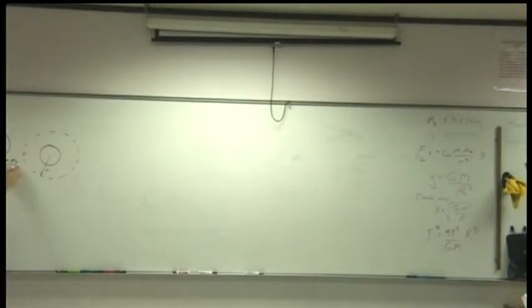Right. Now for a circular orbit, when I plug this in, I get 1/2 big G m over r minus G m over r.